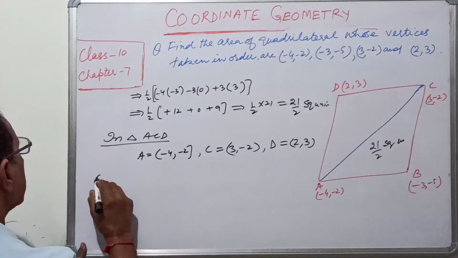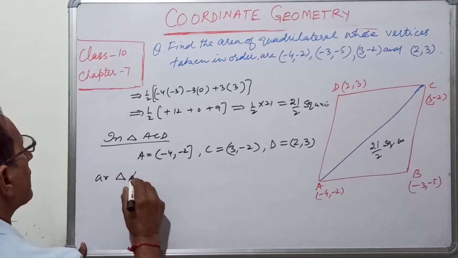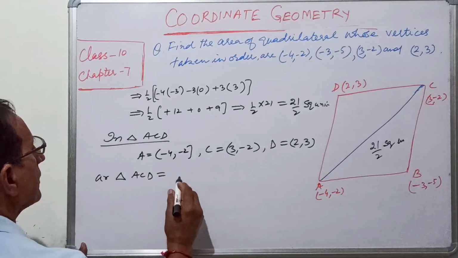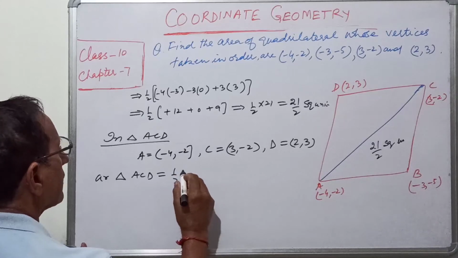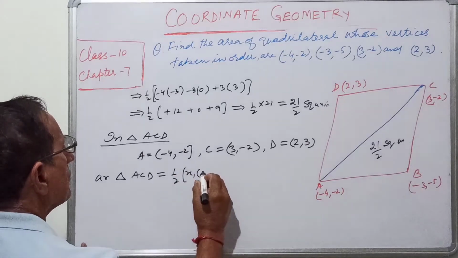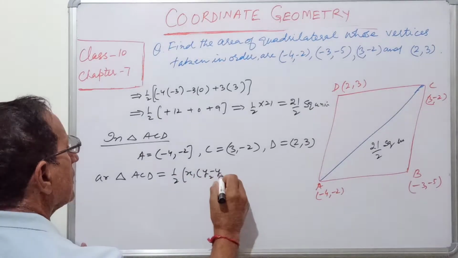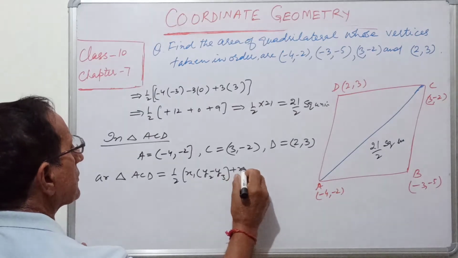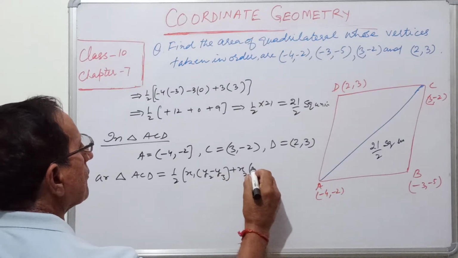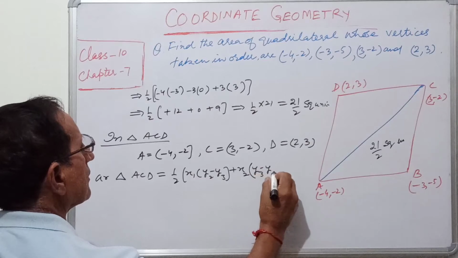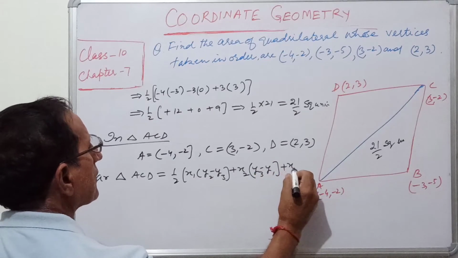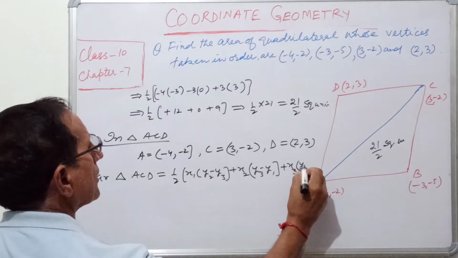The area of triangle ACD will again be given by the formula x1 into (y2 minus y3), x2 into (y3 minus y1) plus x3 into (y1 minus y2).